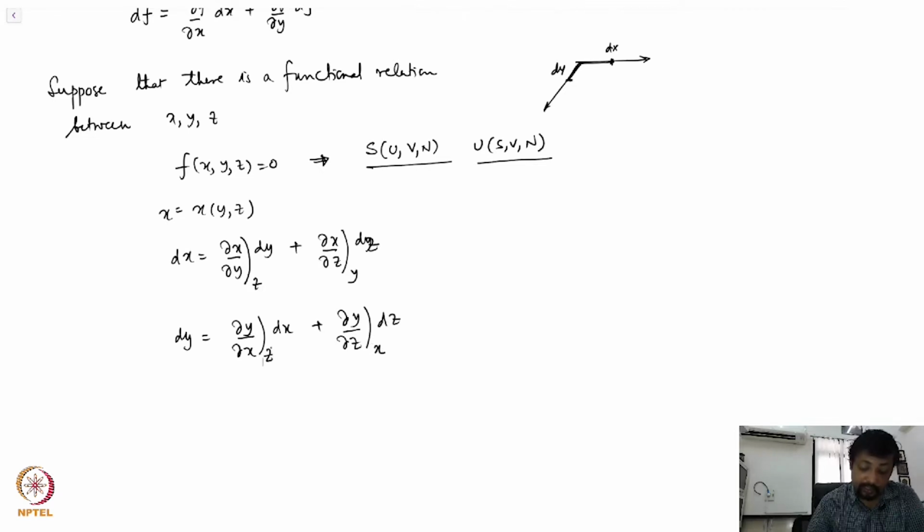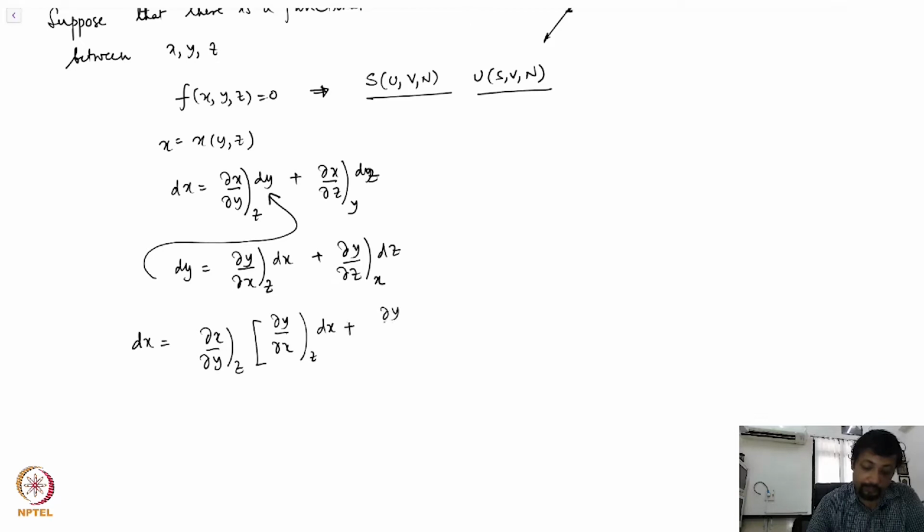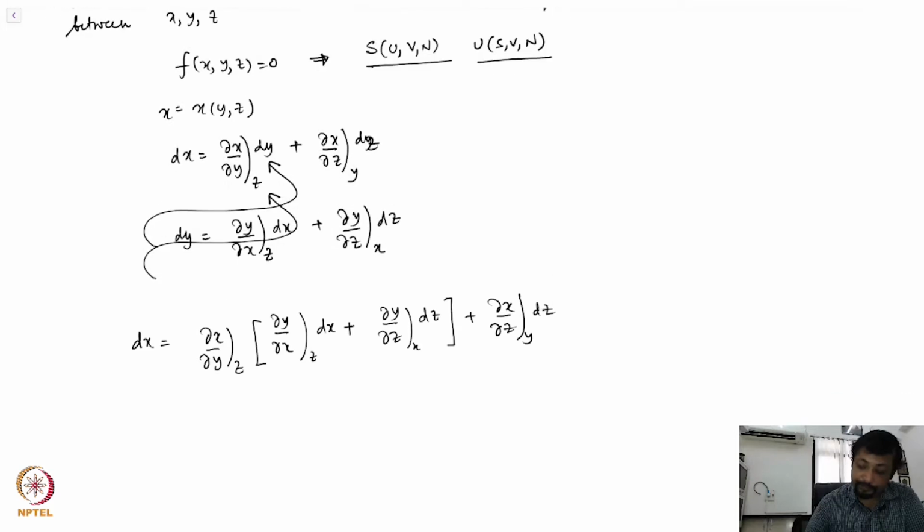Here z is held constant in the first term and x is held constant in the second. So if I now substitute dy over here, then this becomes (∂x/∂y)_z (∂y/∂x)_z dx plus (∂y/∂z)_x dz plus (∂x/∂z)_y dz.